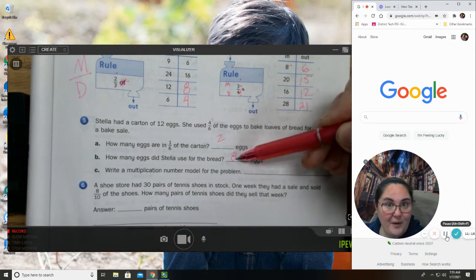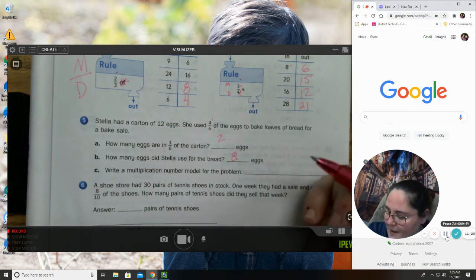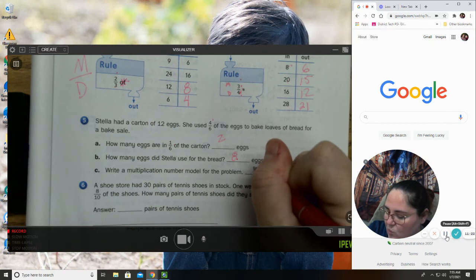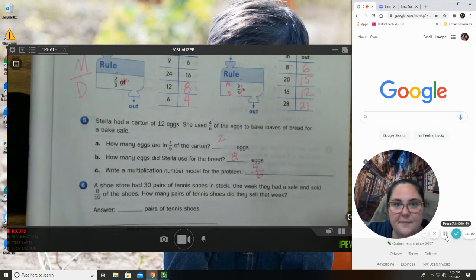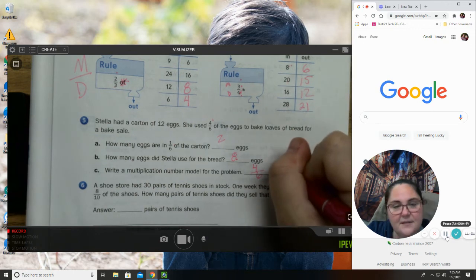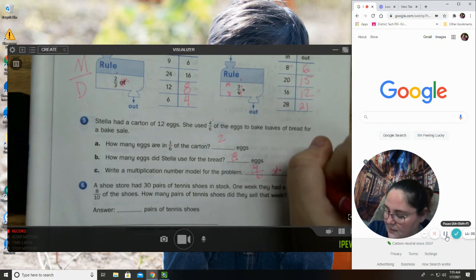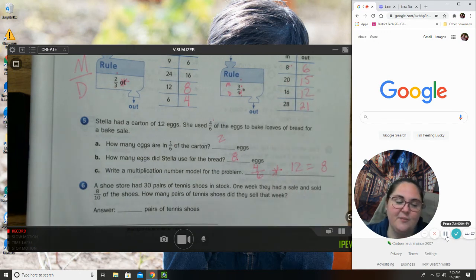So that means we're probably right. It says write a multiplication number model for the problem. You would have to write 4/6. Remember, of means multiply, times 12 equals 8. That's your multiplication number model for this problem.